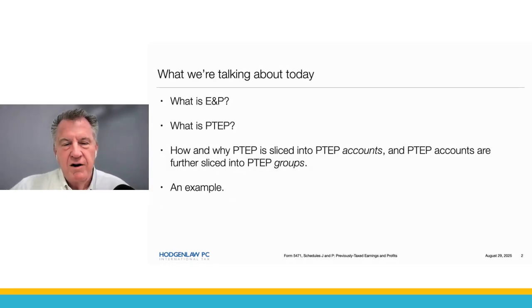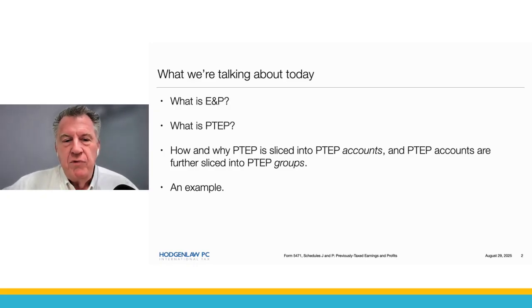So what we're going to talk about today is to start from the beginning. What are earnings and profits, what does that mean just in a general sense? And then we're going to move on to what it means to say that we have previously taxed earnings and profits. And you can see I'm going to use initials and acronyms and all of that fun stuff, just because otherwise I'd be tongue-tied the whole time.